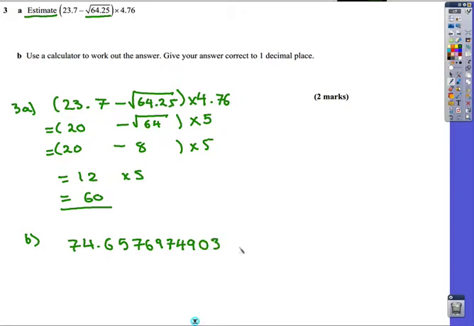Notice I've written everything I see in my calculator. Now I'm going to round to one decimal place. So it's 74.7 to one decimal place.